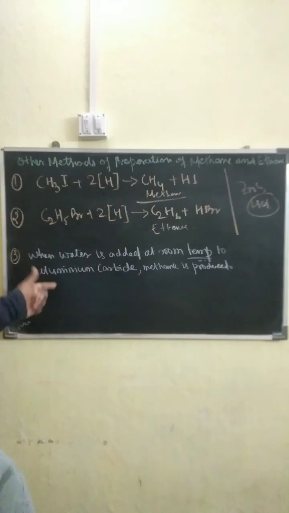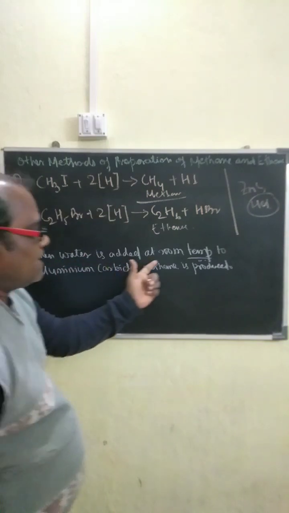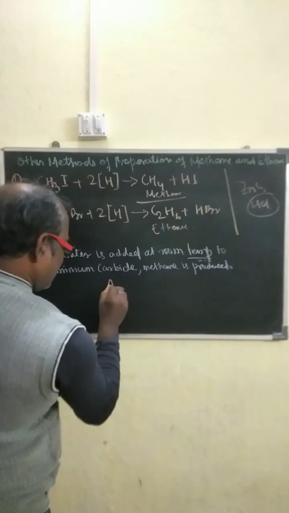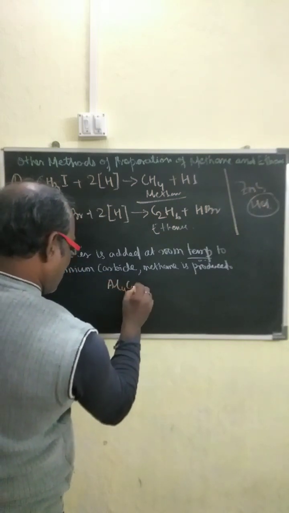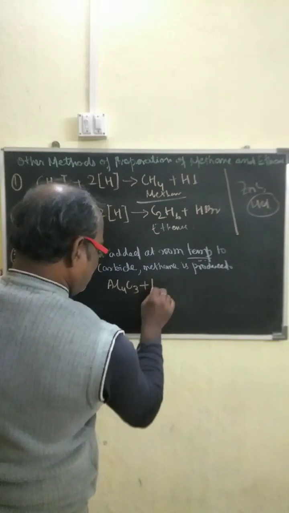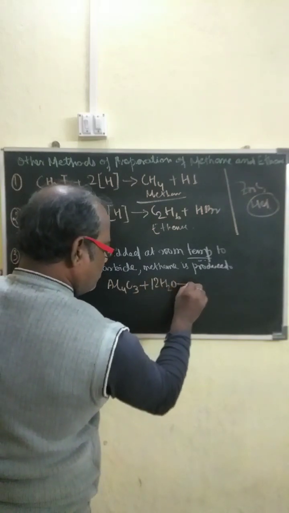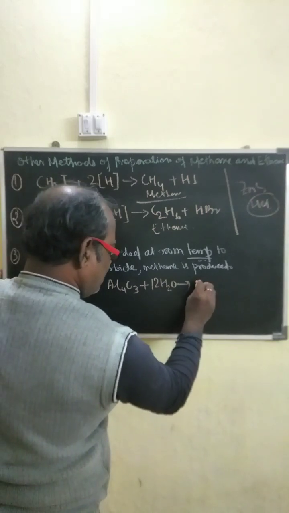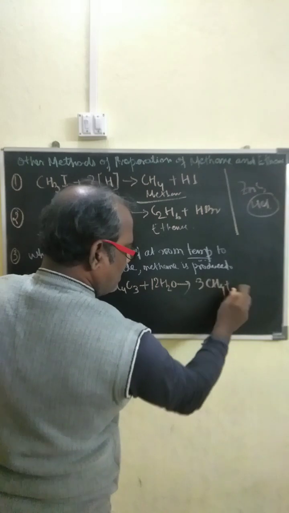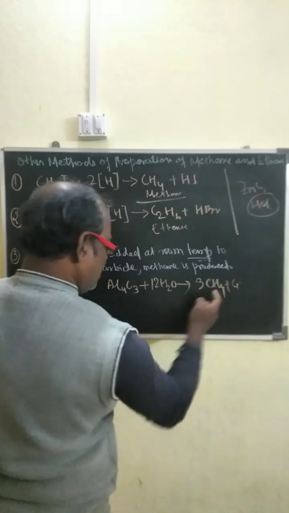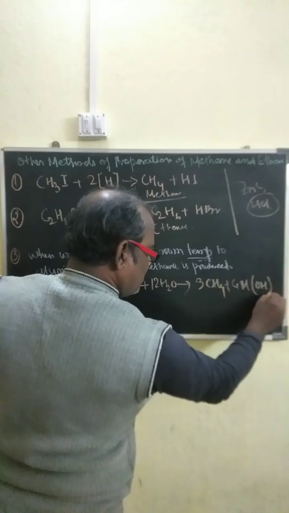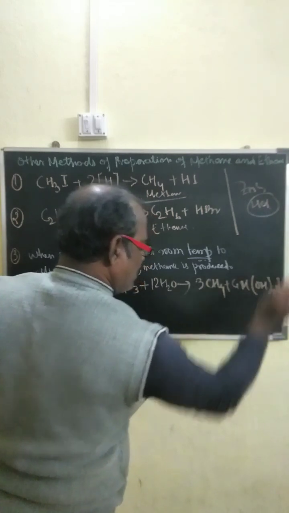hydrogen. One more thing is that when water is added at room temperature to aluminum carbide, that means Al4C3, with 12H2O it gives 3CH4 plus 4Al(OH)3.